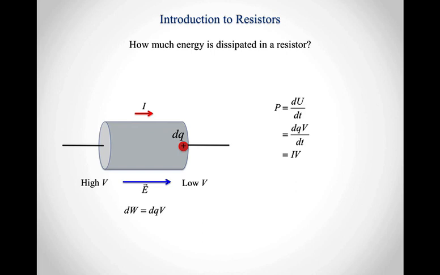So when I plug in the work done to move that charge, that's my dq times V, still over dt, and what I notice is I end up with dq over dt times V, and dq over dt is the current. The rate at which energy is dissipated within a resistor is given by the current flowing through the resistor times the voltage drop across the resistor.